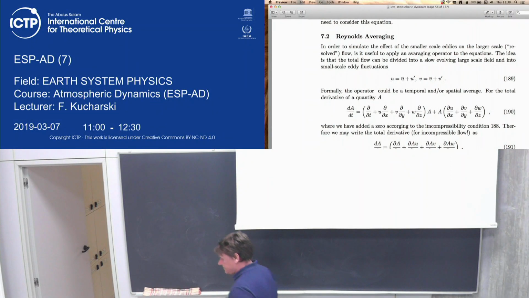So another concept that you come across when you study boundary layer processes and turbulence is what is called Reynolds averaging. Now we want to reintroduce these additional frictional terms that we have ignored so far, but in an interesting way.